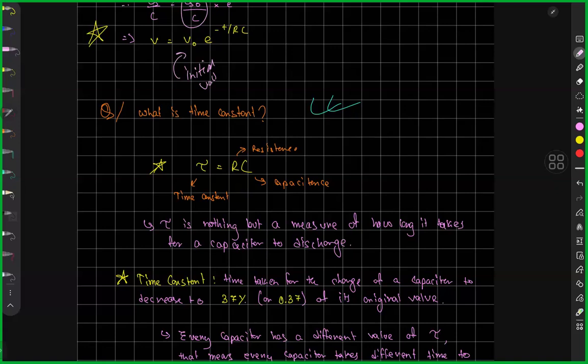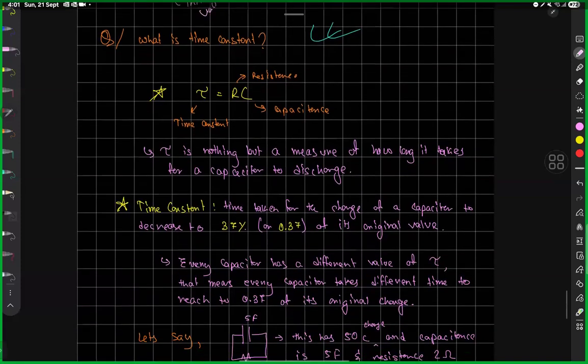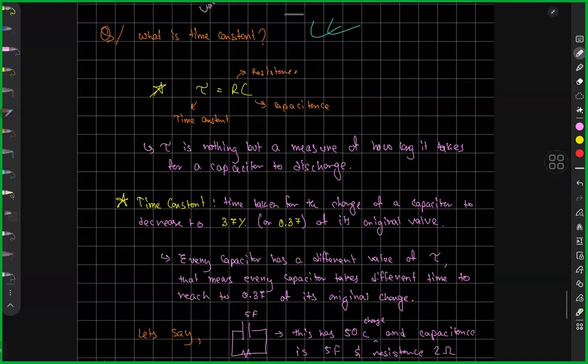I'll explain all of that step by step, mostly with examples. But right now, just understand that this is called tau. Tau is equal to RC, or time constant is equal to R times C.